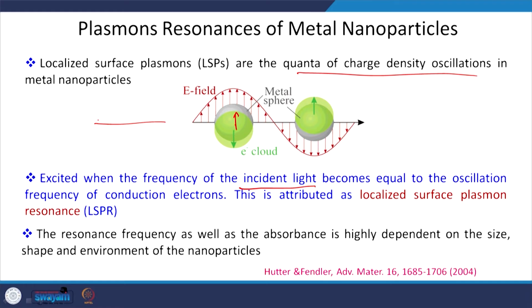So, you will see an absorbance. This absorbance as well as the resonance frequency is highly dependent on the size, shape and environment of the nanoparticles. Suppose you have a sphere, now if you take a triangle of the same material, it will have a different resonance frequency and absorbance. Now, if it was in air and then you put some water around, the resonance frequency will change, and the absorbance will change.